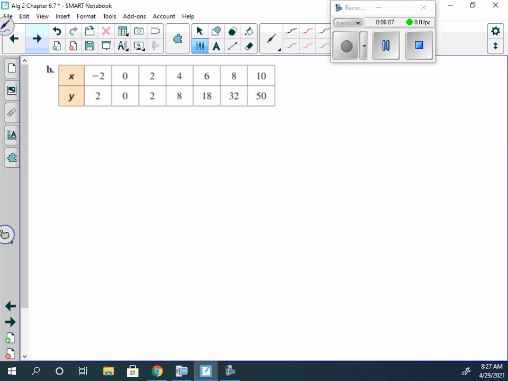What can we say about this one here? So 0 over 2 is 0. 2 over 0 is undefined.